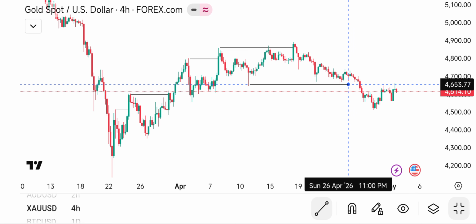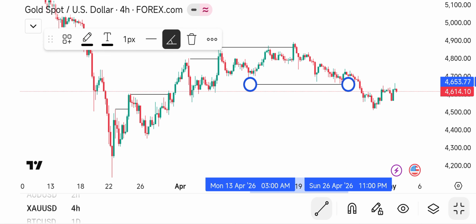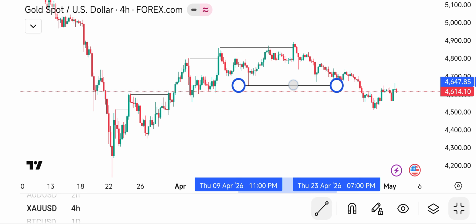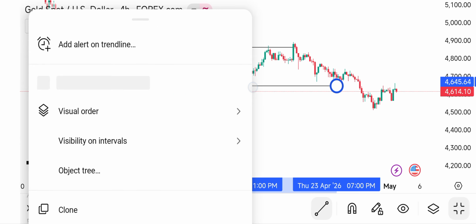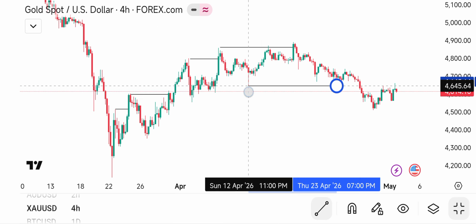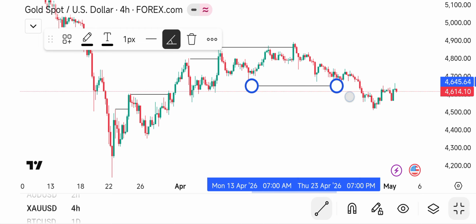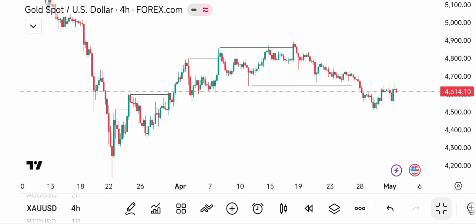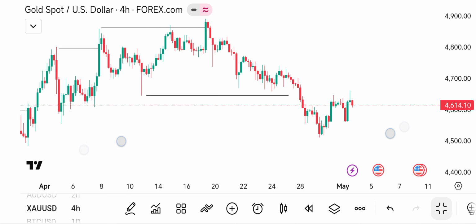Price was not supposed to break it. But as price broke it, it's now a change of character, as you can see. As price was able to break this low, it now becomes a change of character from this place, right here.